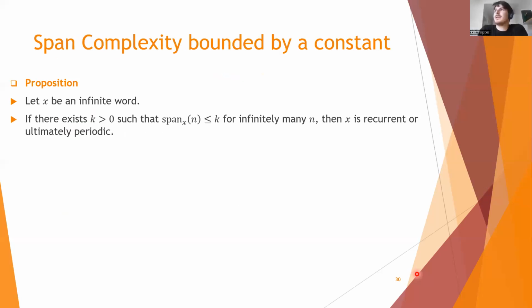So we'll consider now what will happen if the span complexity is bounded by a constant. Given an infinite word x, if there exists a constant k such that the span is less or equal than k for infinitely many n, then the infinite word x either is recurrent or ultimately periodic.